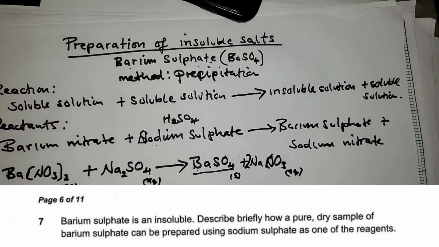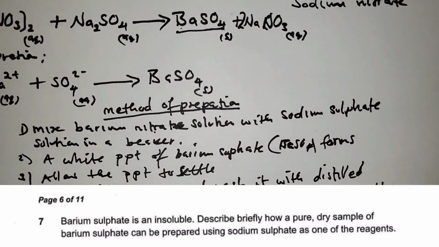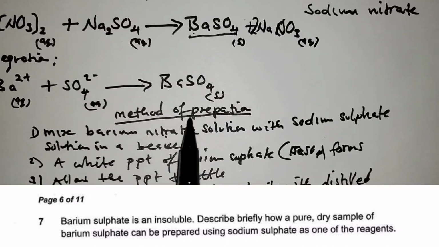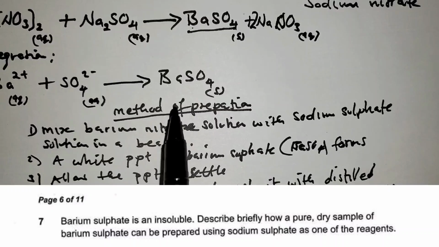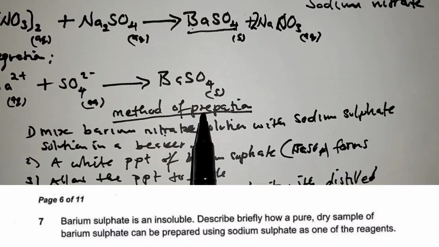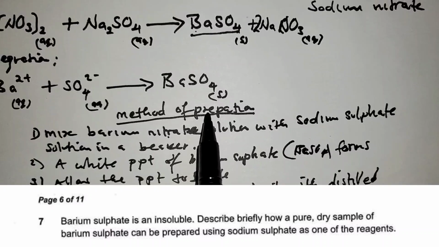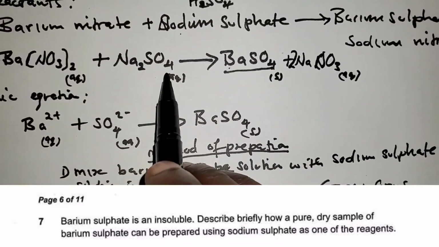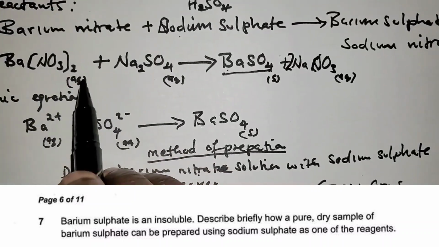This is the answer, and it's 5 marks. Like I've explained earlier on, you should know the method, which is precipitation, and you should know the reagents. They're saying using sodium sulfate, which is one of the reactants; the other reactant will be barium nitrate.